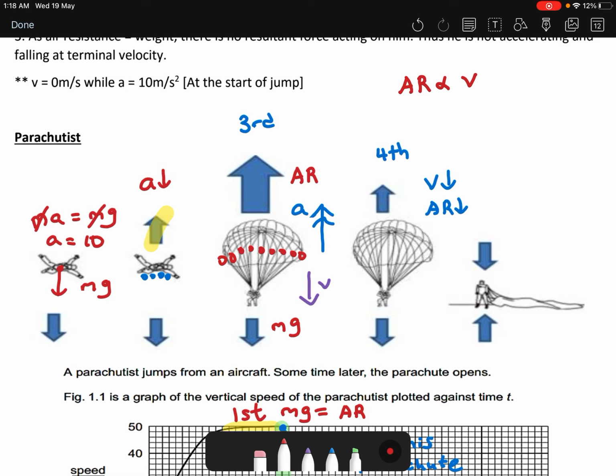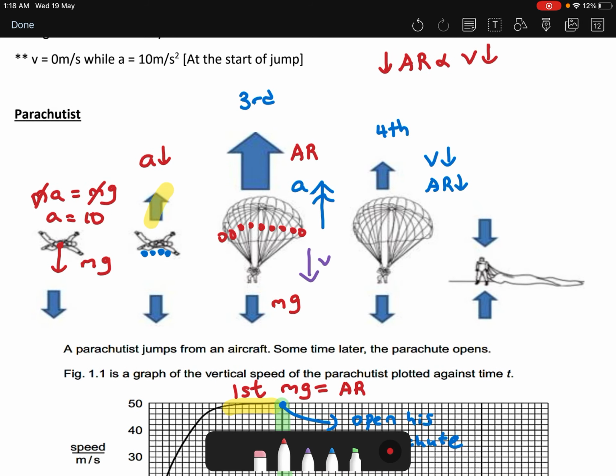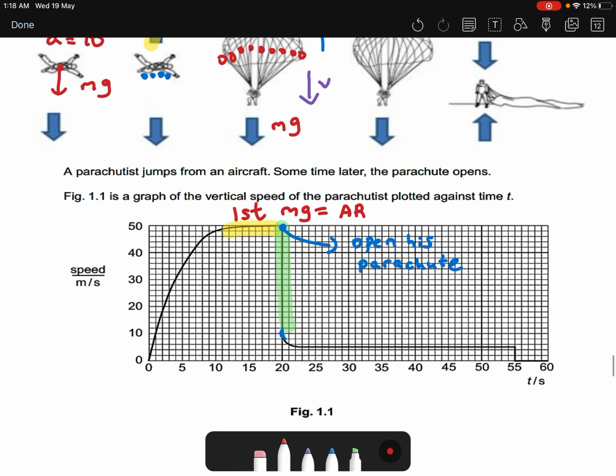If your speed decreases, your air resistance will decrease also. That's why at the fourth diagram you reach equilibrium again. What do I mean by reaching equilibrium? Your air resistance now will be the same as your weight again. So at this portion you will reach your second terminal velocity.